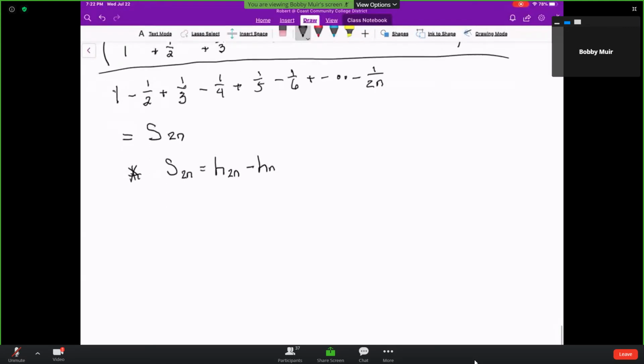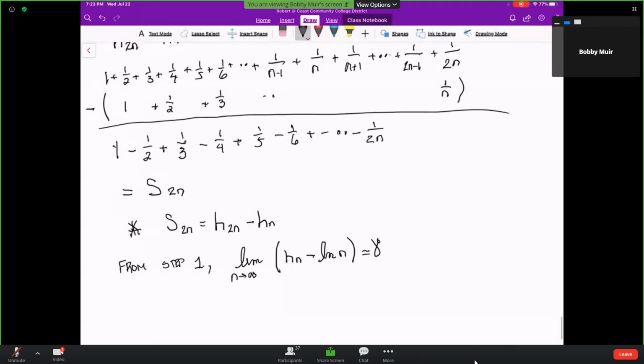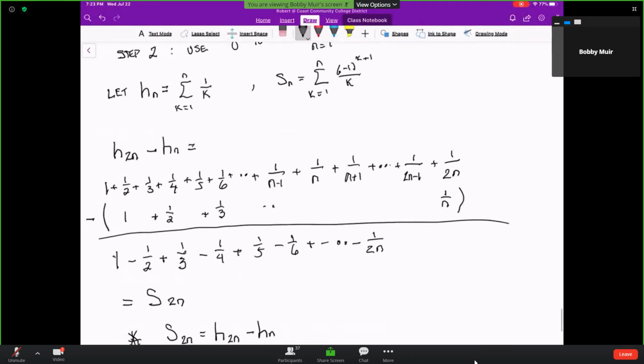Okay, so the S sub 2n is that thing. All right, so from step 1, the limit as n tends to infinity of H_n minus the natural log of n is equal to the Euler constant, because H_n is this thing that Euler did.